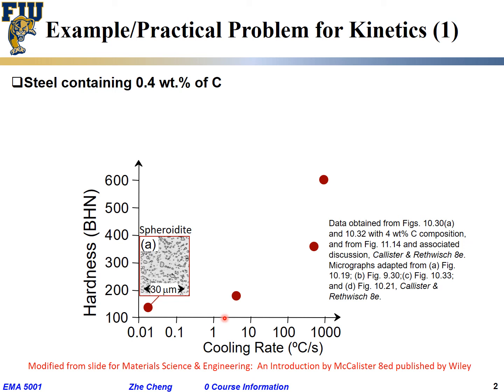I haven't changed my composition. I didn't add more carbon to it. Well, they found, okay, when the cooling rate is low, you get the so-called spheroid. Essentially, you have this sphere type of structure.